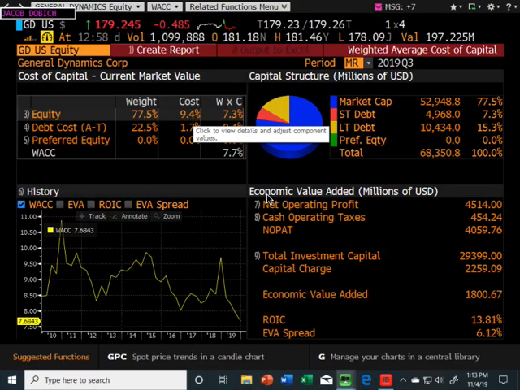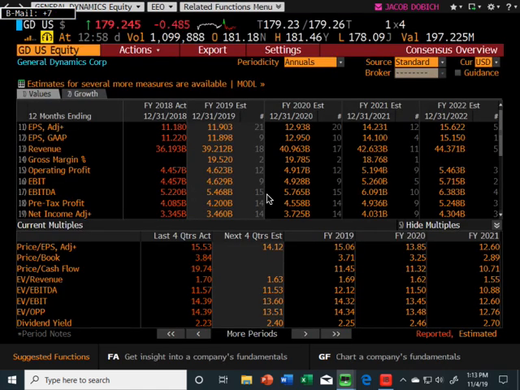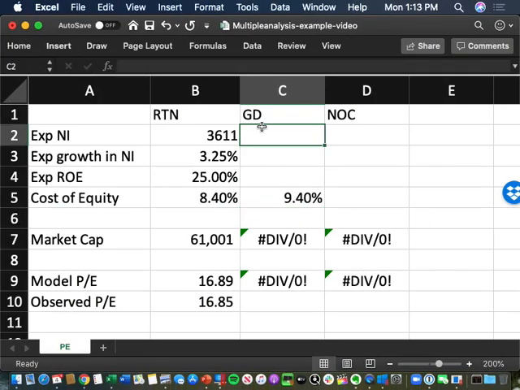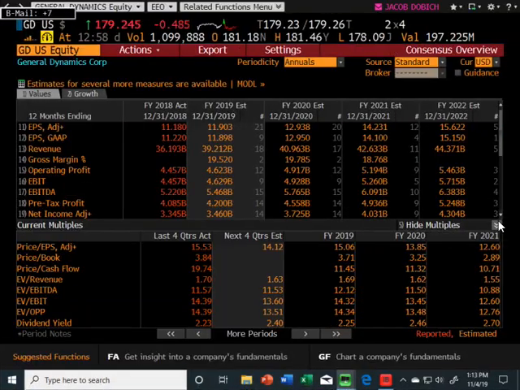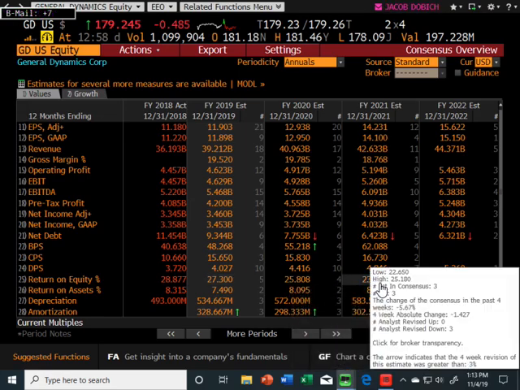I'm going to go to their earnings estimates. Let's get their data. For the second forward year, adjusted income, 37.25. ROE: 27, 26, 24.